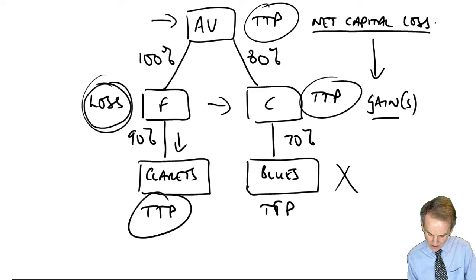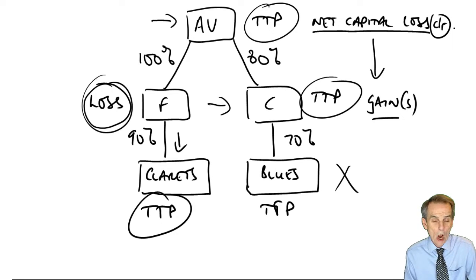I.e., we wouldn't therefore have to carry forward that net capital loss, which would be the only option for a single company. Instead, we could use it now.